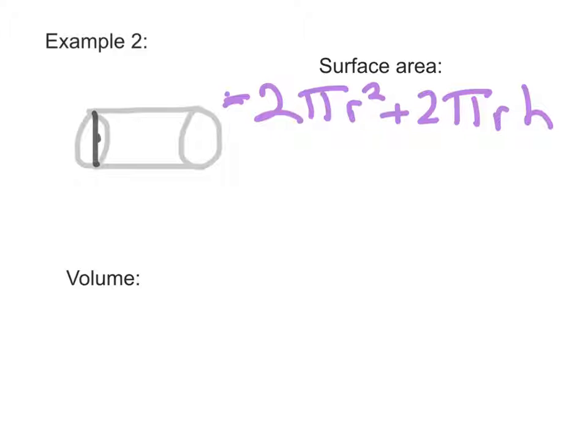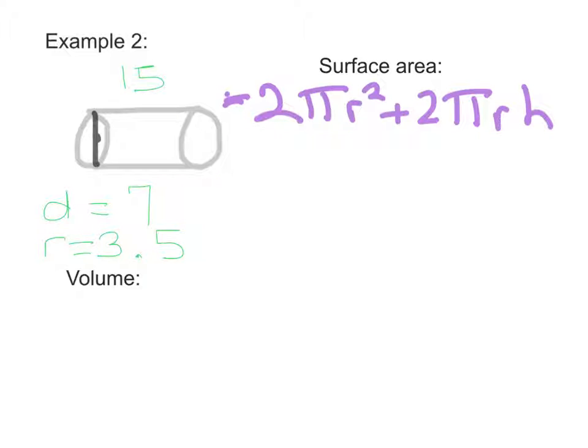So in this problem, we were given the height as 15. And we were given the diameter was equal to 7. So the diameter, remember, is twice as big as the radius. So that means if the diameter is 7, then the radius has to be half of that, or 3.5.